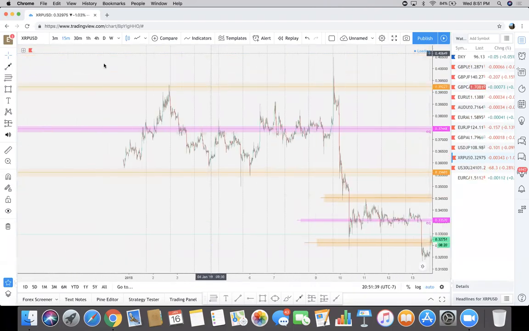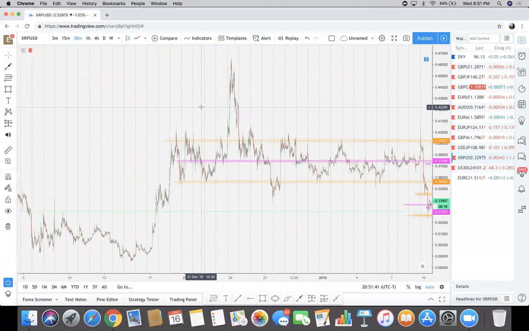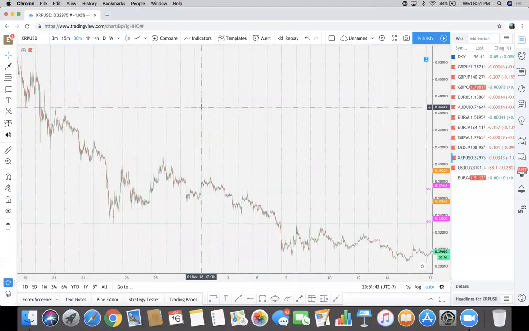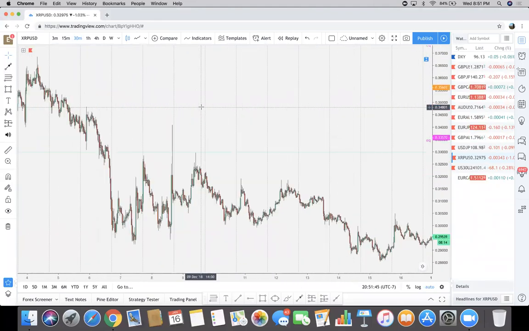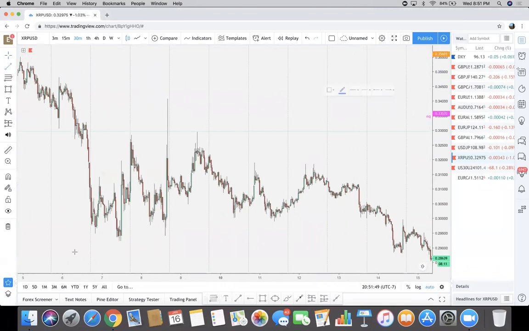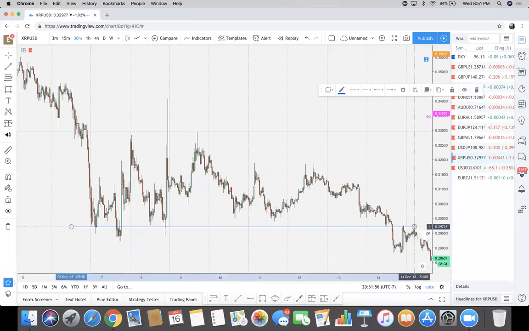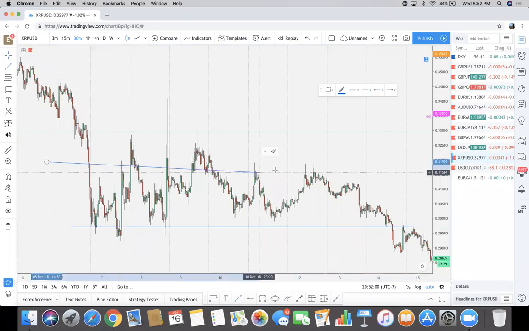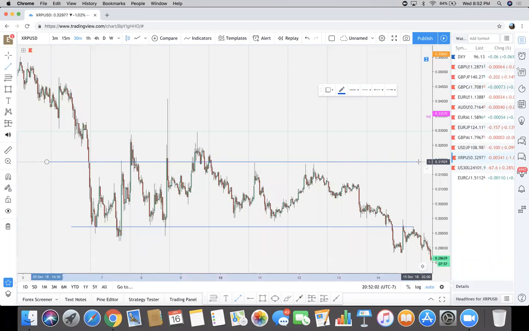So we can see, if I go to the 30-minute, let's see if we can find some consolidation back here. This is just an example that I'm showing you guys. Just consolidation that this is in. This is on the 30-minute chart.